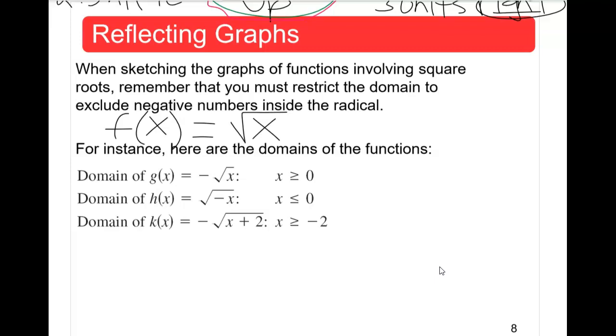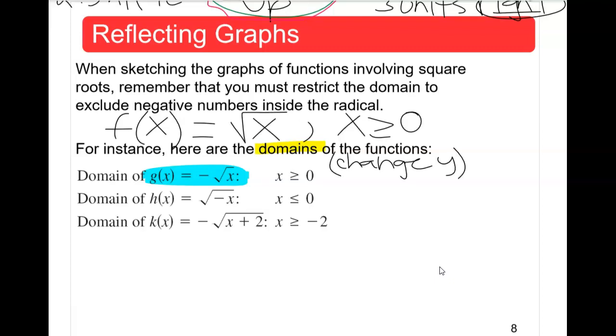So first of all, let's revisit the concept of the domain. We know that the x values need to be positive, greater than 0, but they could also include 0. On the function that we have here as g of x, we have the negative outside the square root, meaning that it's going to change y.